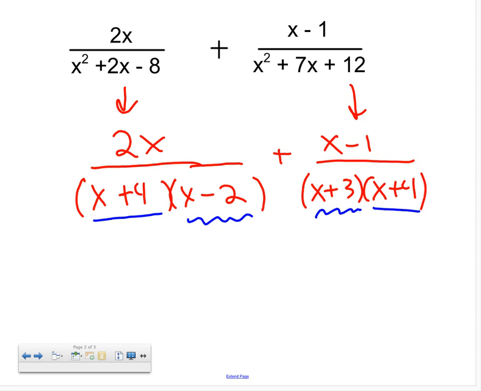It has everything the second fraction does except that x plus 3. And the second fraction is missing that x minus 2. It has everything the first fraction does except for that x minus 2. So I'm going to multiply each fraction by the chunk or the piece or the factor that it's missing. So the first fraction I'm going to multiply, and again I do this top and bottom to make sure the fraction stays the same. I'm going to multiply this by x plus 3.